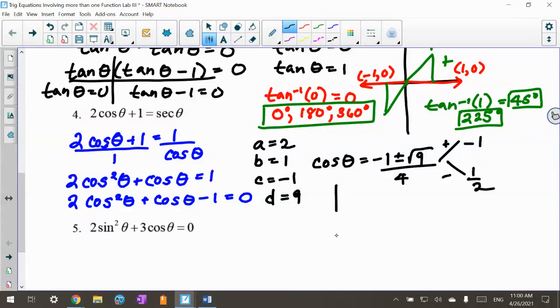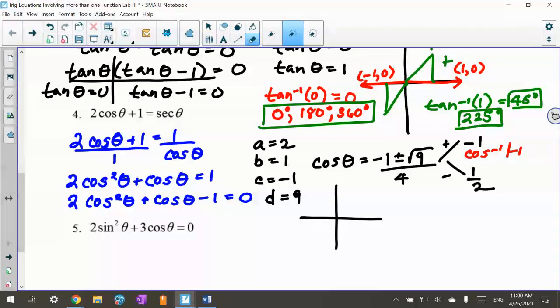All right, so let's draw the picture. If it's cosine or sine, I get a 1, 0, or negative 1. I know it's going to be on the axis. So let's put this in our calculator. Inverse cosine of negative 1. I know what it is.